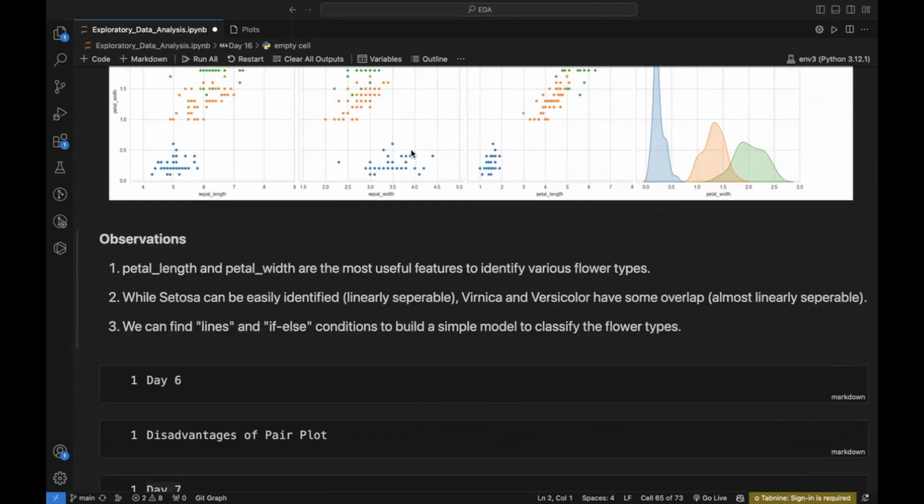And the moment you say, I can write a simple if-else condition, wow, that's terrific, right? I double emphasize this. Please write your conclusions of the plots that you get in very simple words.